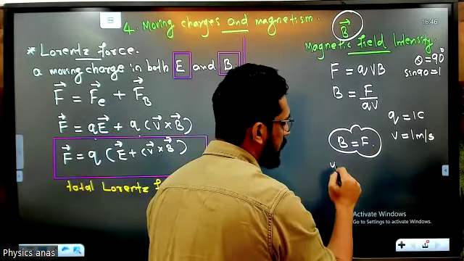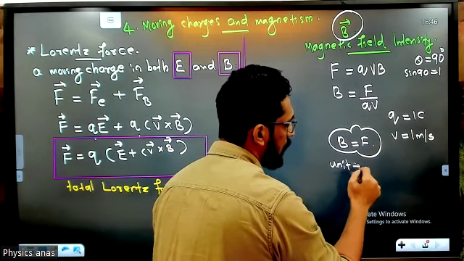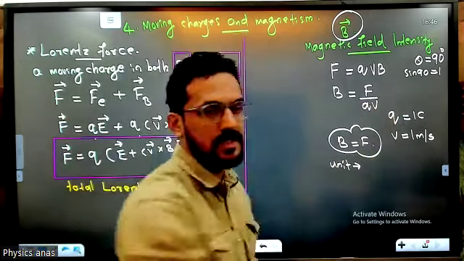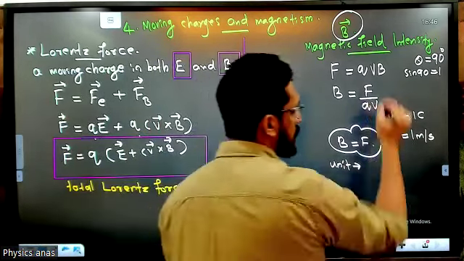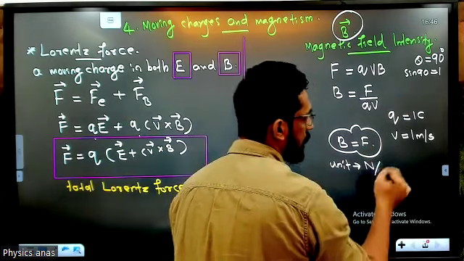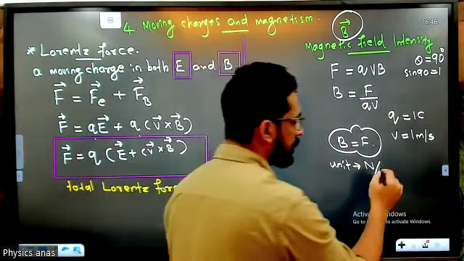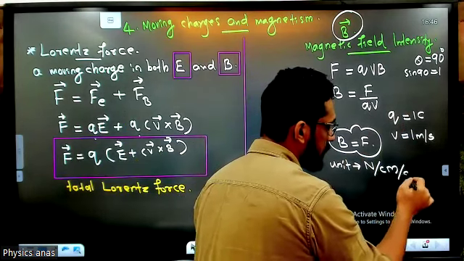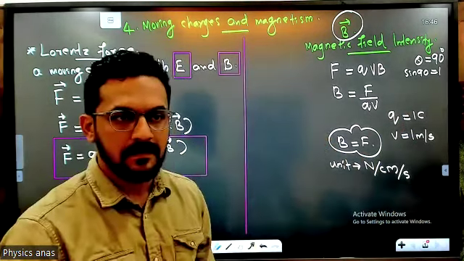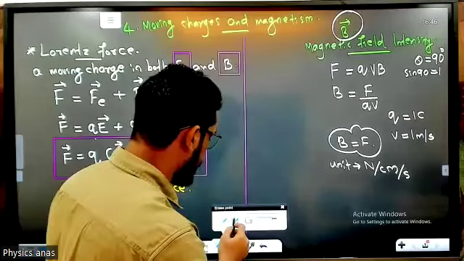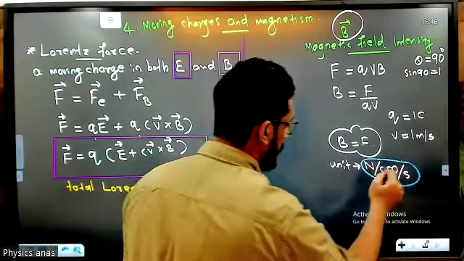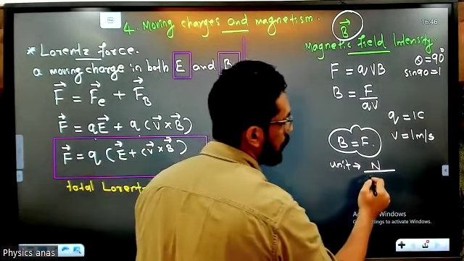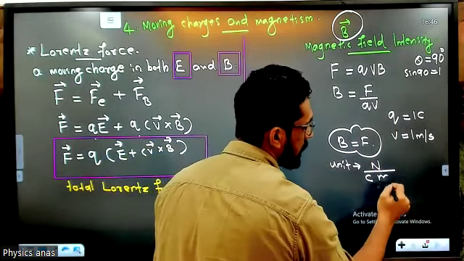Tell me, what is the unit of magnetic field intensity? From the equation, you can find the unit. This is Newton divided by Coulomb, and this is meter per second.